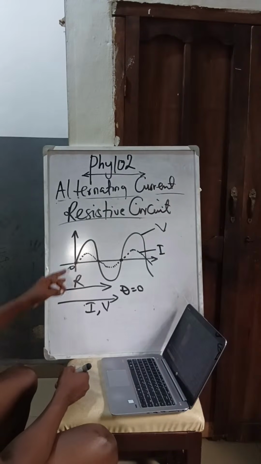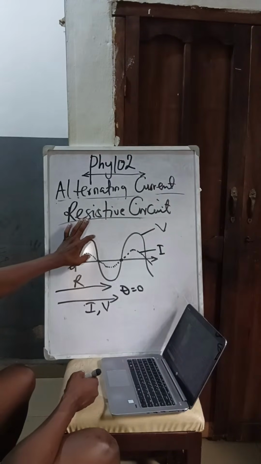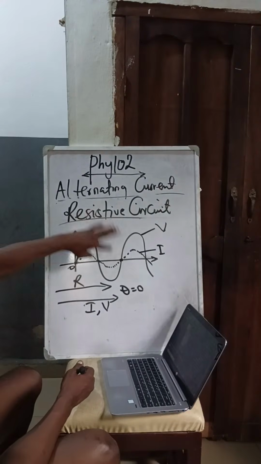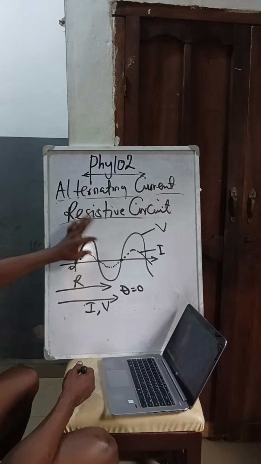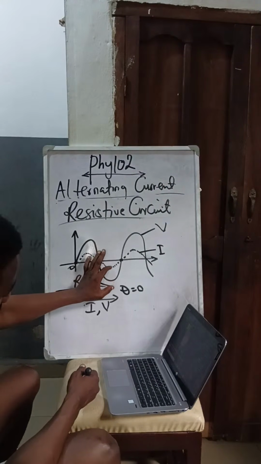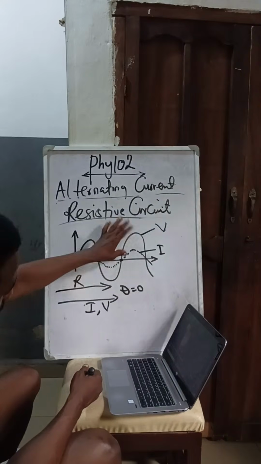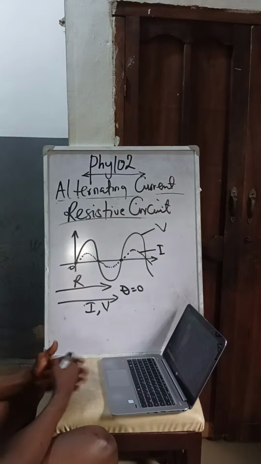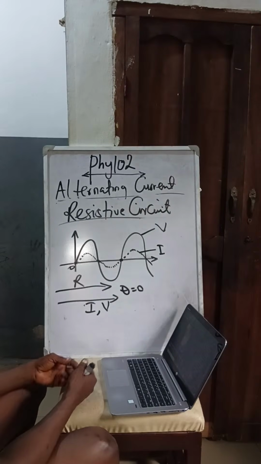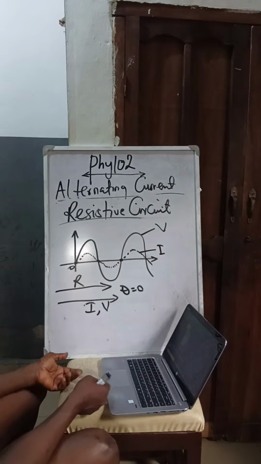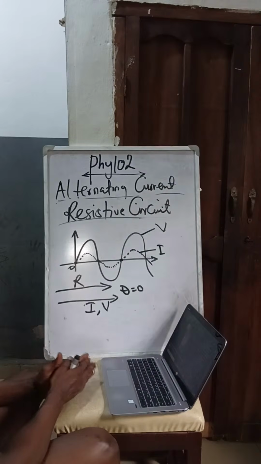So they get to zero at the same time, maximum, minimum, and so on. They move in phase. If this one reaches maximum, this one reaches maximum, then both reach zero, and continue like that. When I say they are in phase, it means that they pass through zero, reach maximum and reach minimum at the same time.